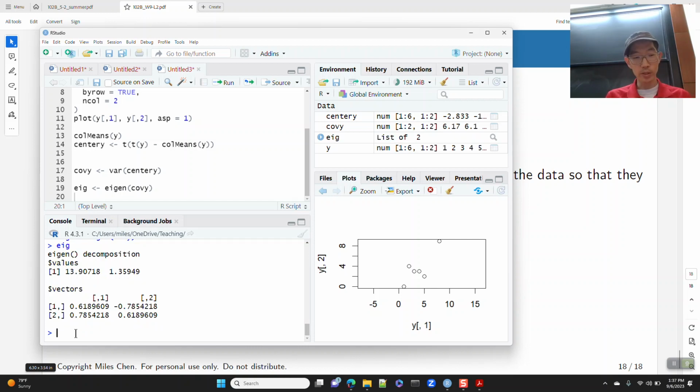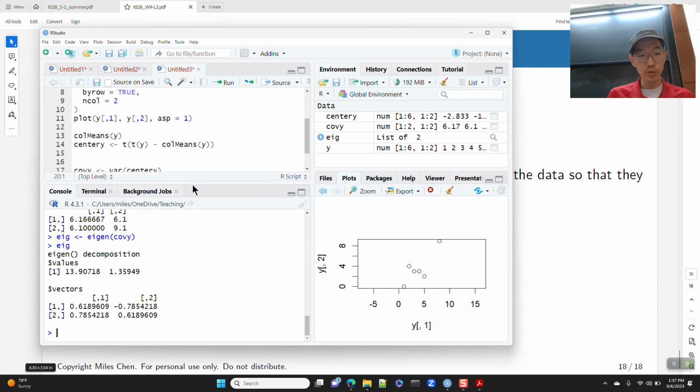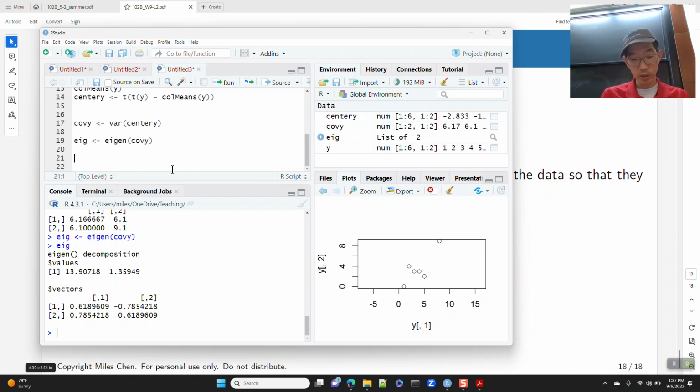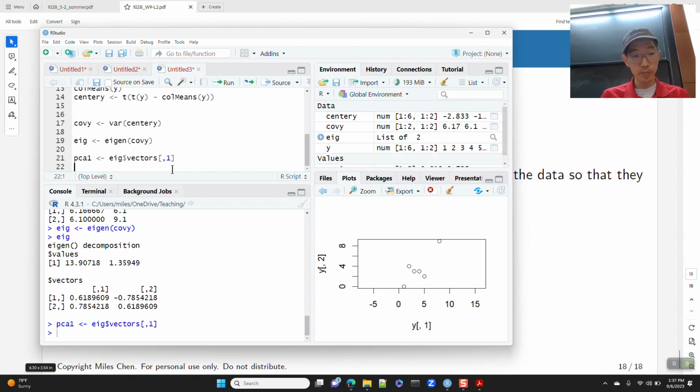And if we ask for the result of eigen, I get 2 eigenvalues and I get 2 eigenvectors. So I'm going to do PCA1, which will be my first eigenvector. I'm going to call eigenvectors, and we will take our first column.